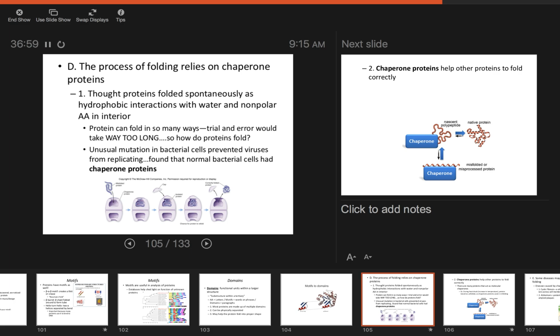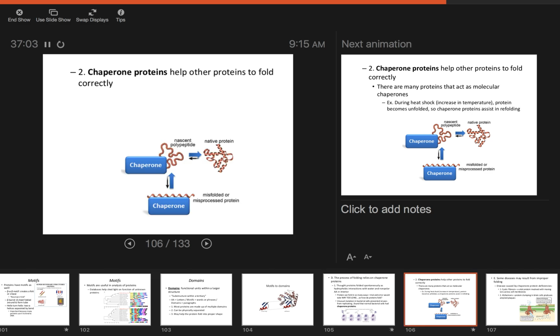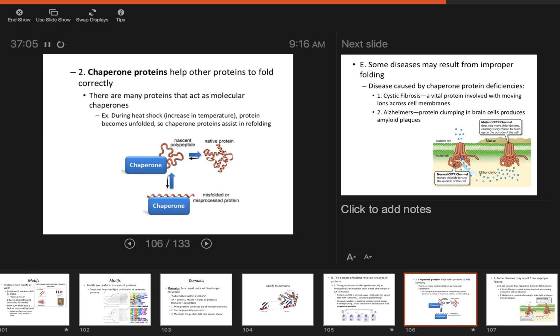So let's look at chaperone proteins in depth. They help other proteins fold correctly. There are many proteins that act as molecular chaperones. So I know we say, oh, the chaperone protein does it, but there are many different classes of chaperone proteins.